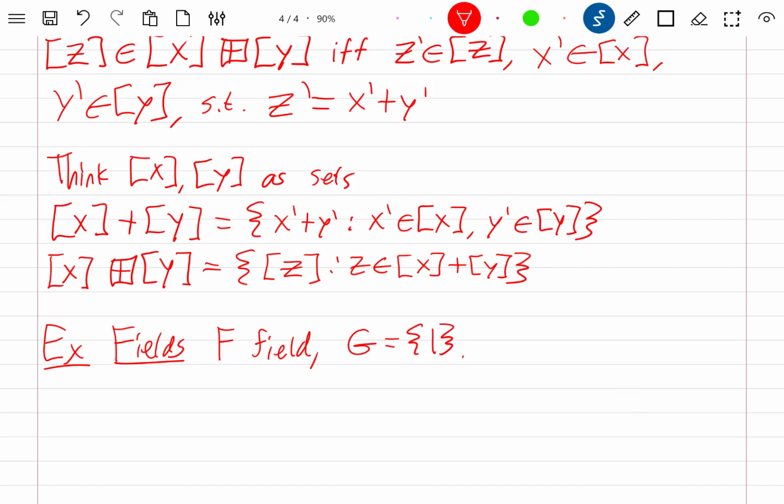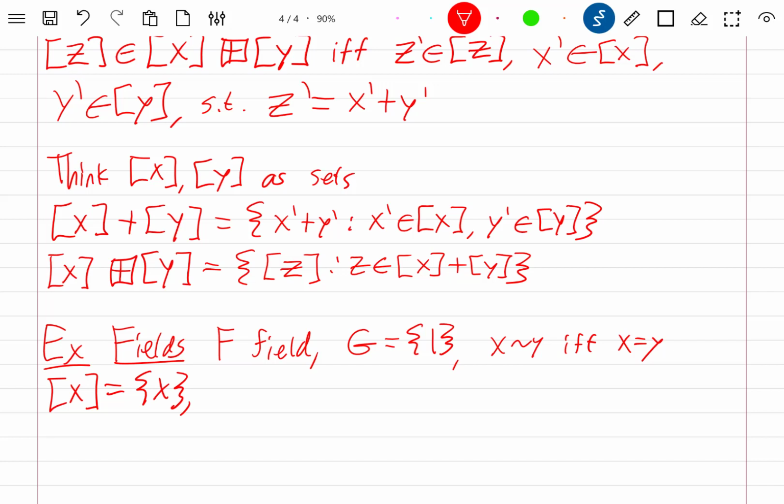Then what happens is F mod G is just going to be, well, I really shouldn't say isomorphic to F. It's, in some sense, our equivalence relation: x is equivalent to y if and only if x is equal to y. And so the equivalence class of any element x is just going to be the set {x}.